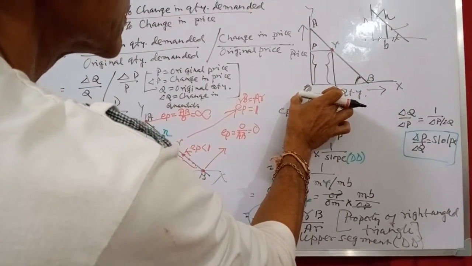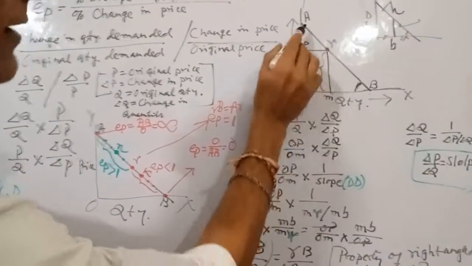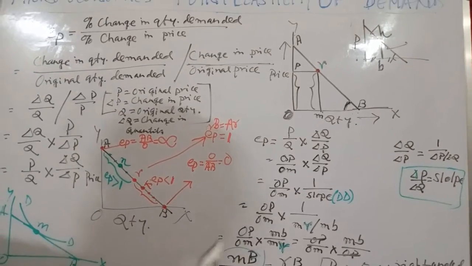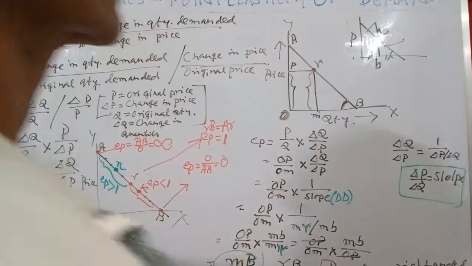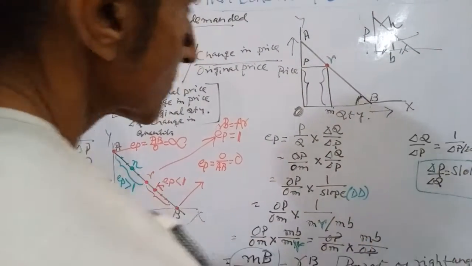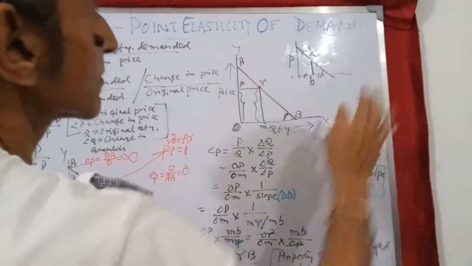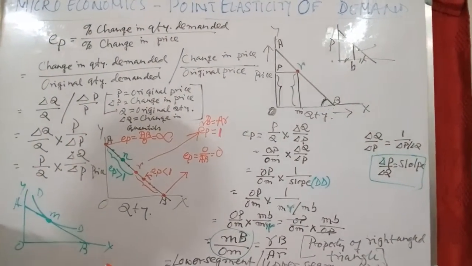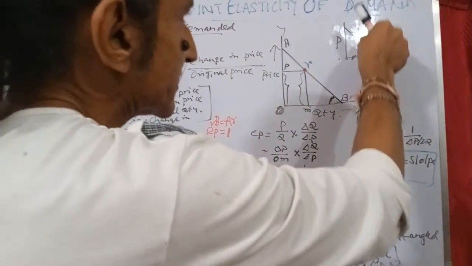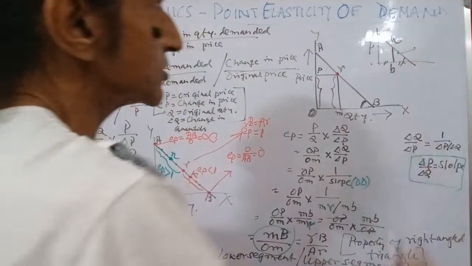MB by OM. Now MB by OM, this by this will be equal to this by this, because this is a property of the right angle triangle. In a right angle triangle, if a perpendicular is drawn from any point on the hypotenuse on the base, that straight line will bifurcate the hypotenuse and base in the same ratio.